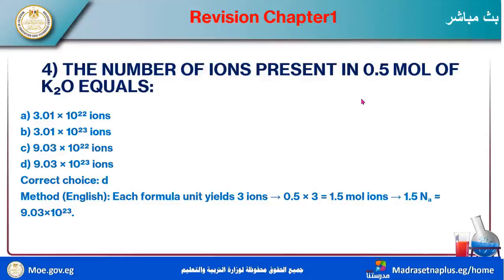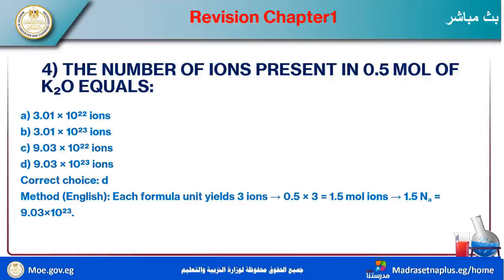Maybe I'm not correct, but I calculated correctly: 1.5 moles of ions times 3 times 0.5. The actual answer is not B, not C. D is the correct answer. Now you must know the way to calculate it.